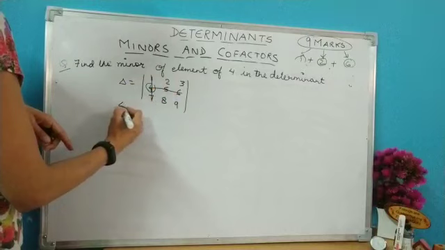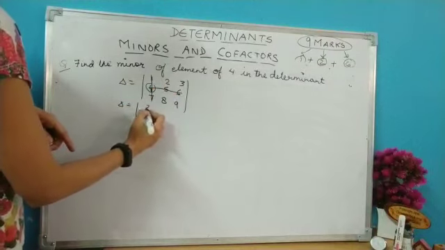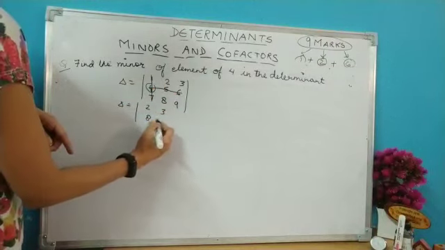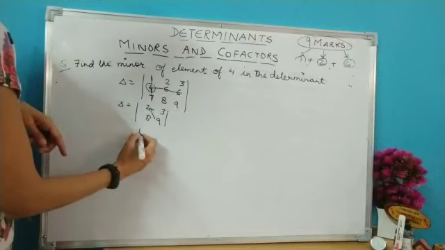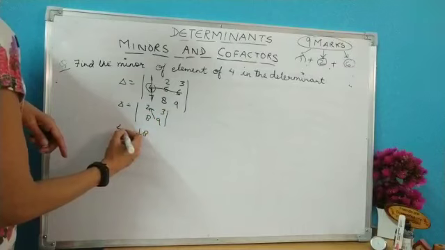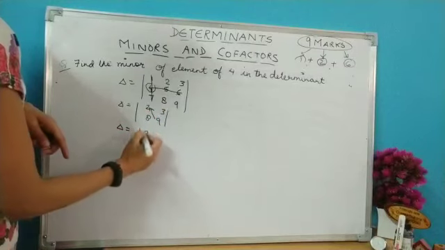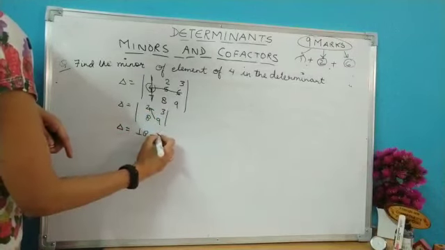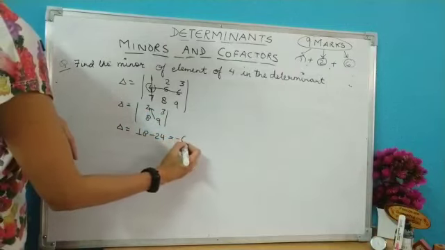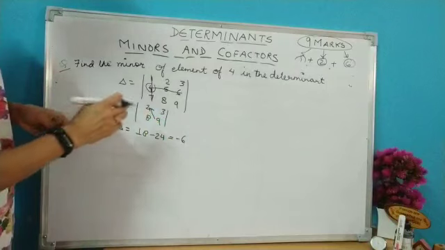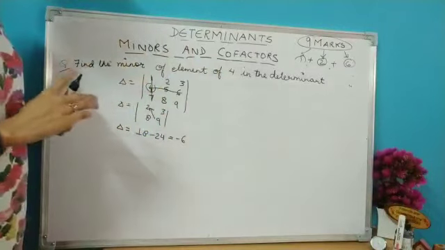After deleting, I have got 2, 3, 8, 9. So the value of this will be 9 into 2, which is 18, minus 8 into 3, which is 24. 18 minus 24 is minus 6. So this is the minor of element 4.